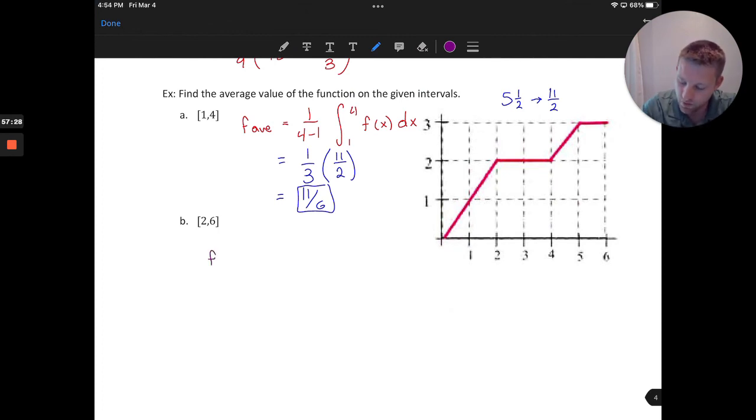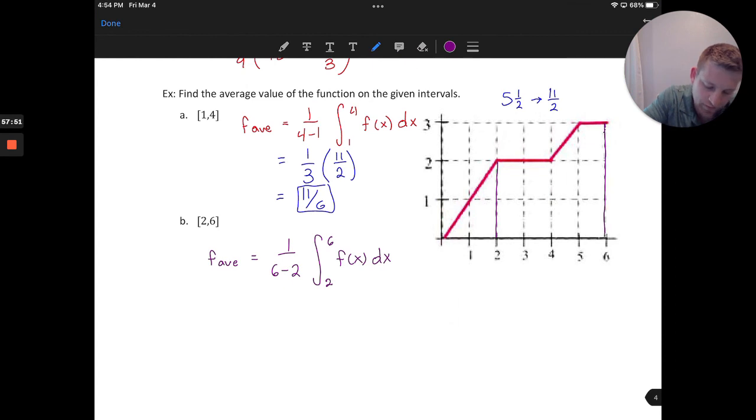So f average for us is going to be 1 over 6 minus 2, times the integral from 2 to 6 of the same function. So let's just see what the area would produce for that integral from 2 all the way to 6. Again, we can consider what's the area that's trapped below the curve from 2 to 6.